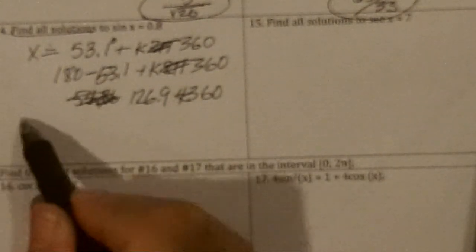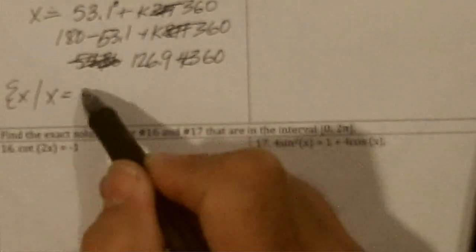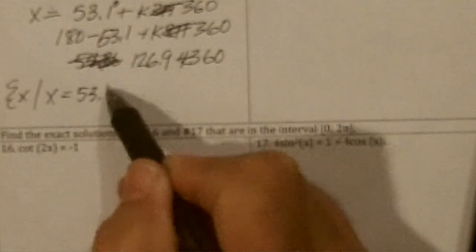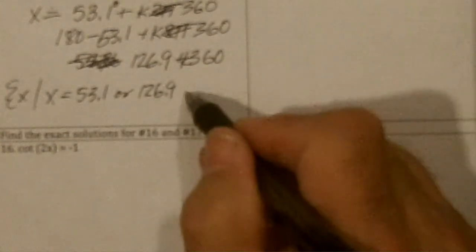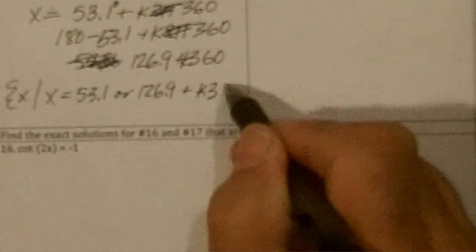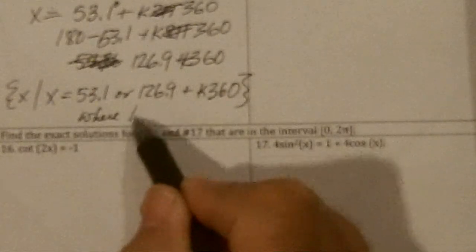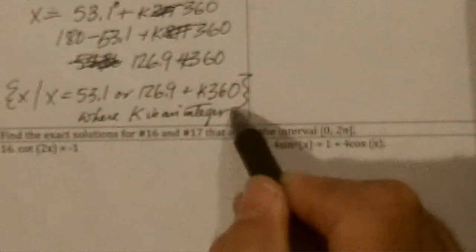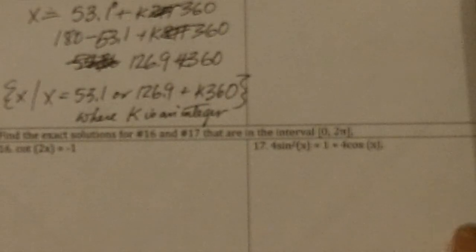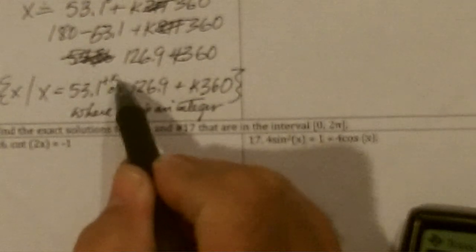So our two answers are x such that x is equal to 53.1 or 126.9 plus k 360, where k is an integer. Both of these are plus k 360. Maybe I should put it on both of them like that so that you don't make a mistake on that.